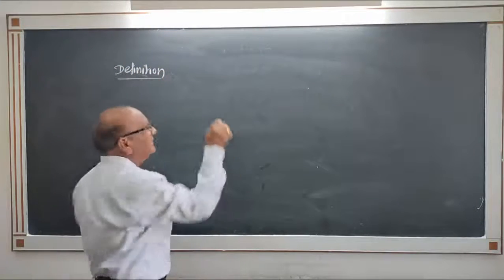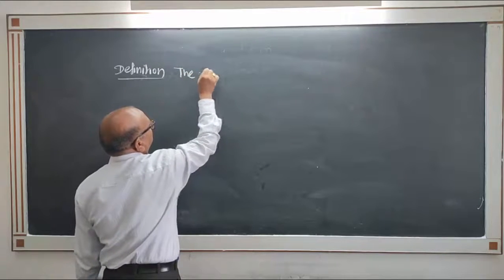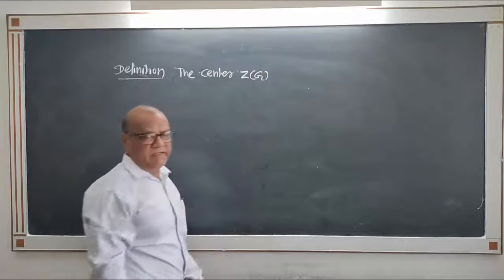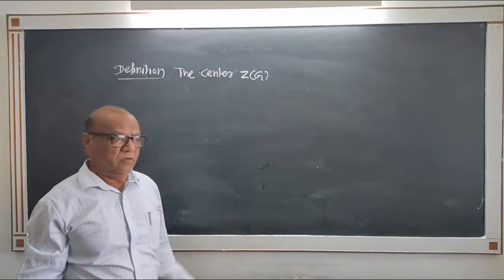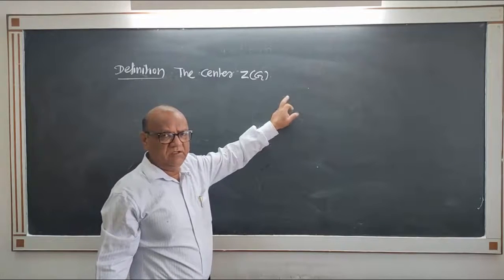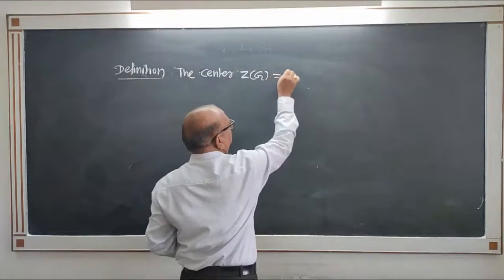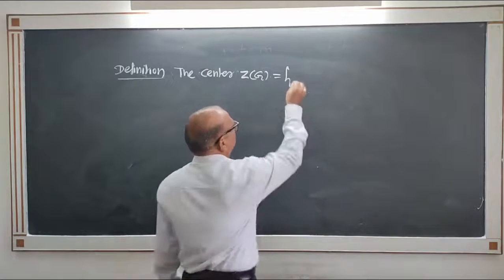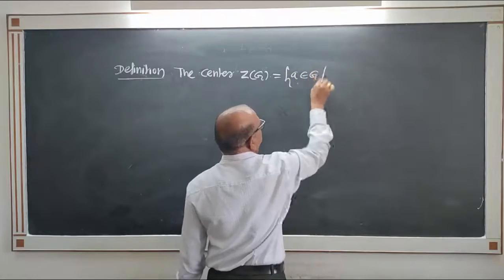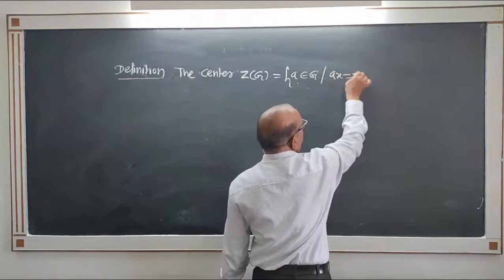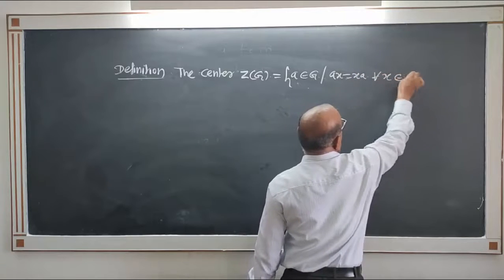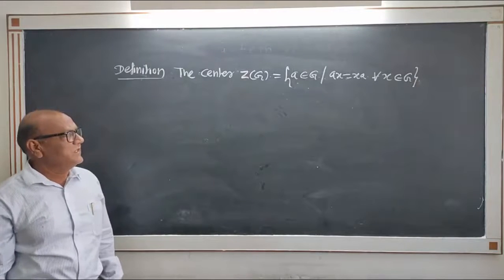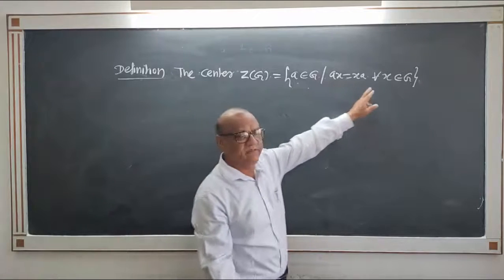The center Z of G consists of those elements of G which commute with all the elements of G. That means a belongs to G such that ax is equal to xa for all x belongs to G. The center of G contains those elements of G which commute with all elements of G.